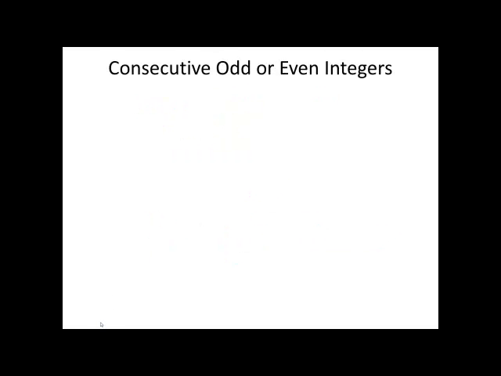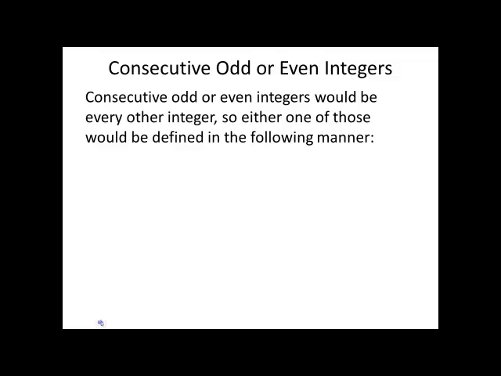Okay? All right, consecutive odd or consecutive even integers. Same idea, but remember, if you're looking at consecutive odd integers, you're thinking 1, 3, 5, 7, and so on. Or consecutive even integers, you're thinking 2, 4, 6, 8, and so on. Those numbers are 2 places away from each other. It's every other number. So we would define those consecutive odd or consecutive even integers, either one, as x.